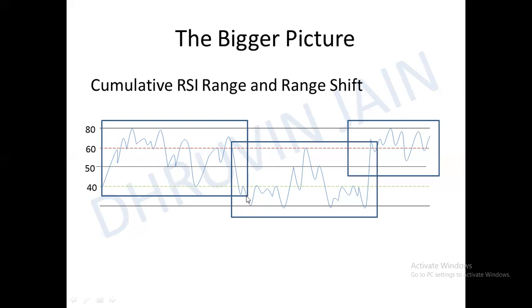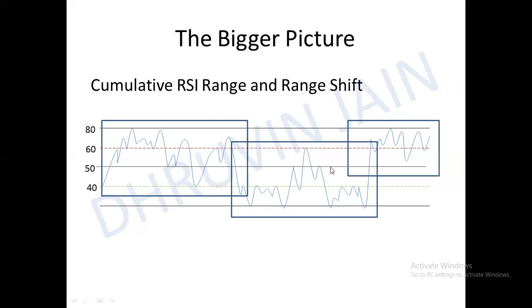RSI started traveling in the 60-20 region, where you can see how beautifully true it is that 40 is acting as a great resistance. Even the neutral zone like 50 is acting as a great resistance. 60, which is a very strong resistance zone, is also acting as a great resistance.